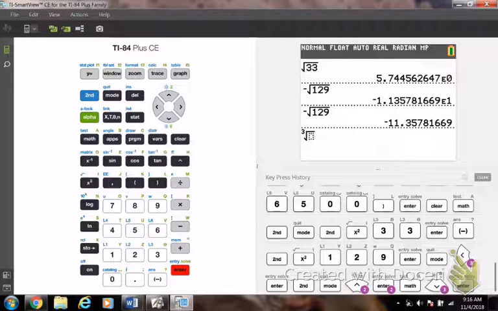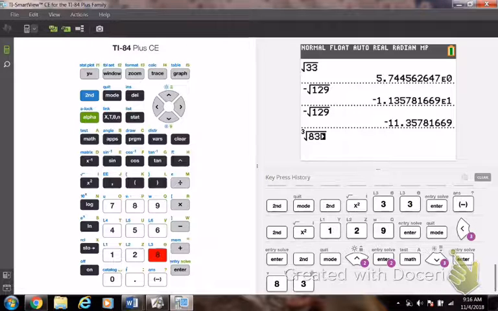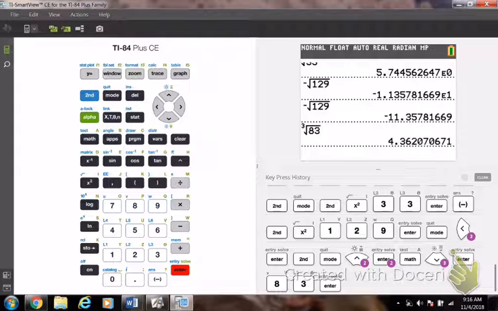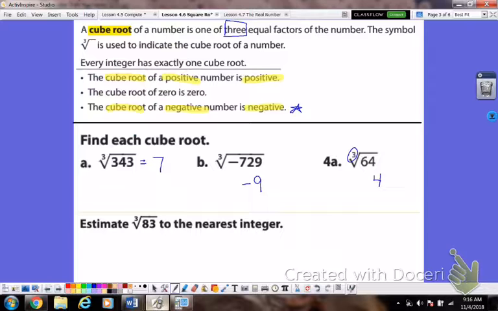That gives us our cube root. So we're doing the cube root of 83. Estimating that, this is 4.3. We wanted to estimate to the nearest integer, so that is approximately 4. Alright, so that is doing square roots and cube roots. Again, we'll be using our calculator a lot for this section.